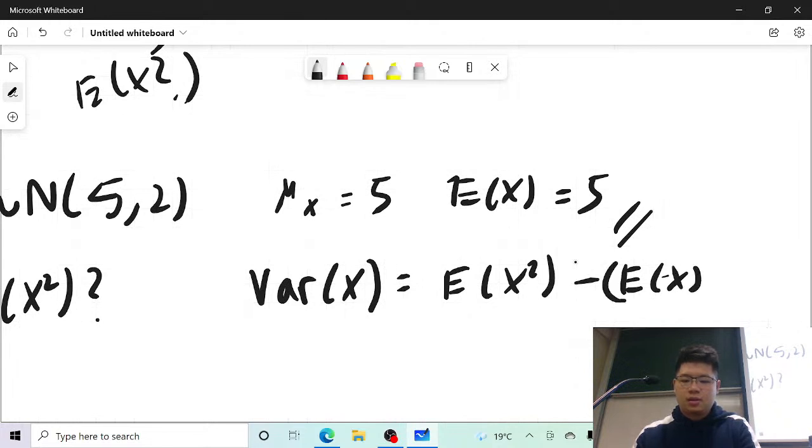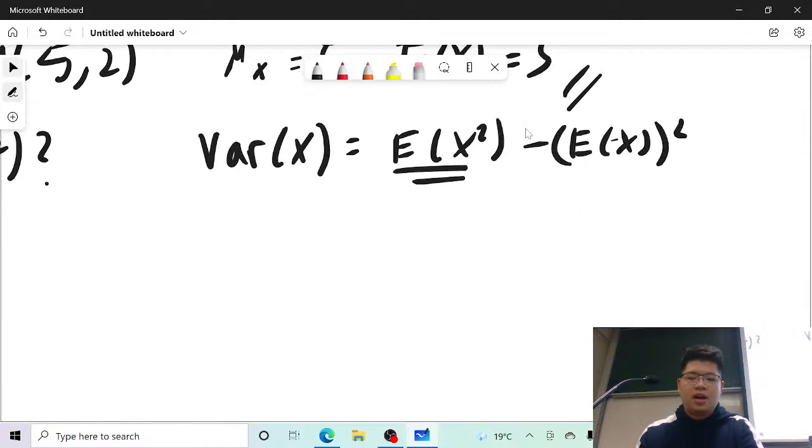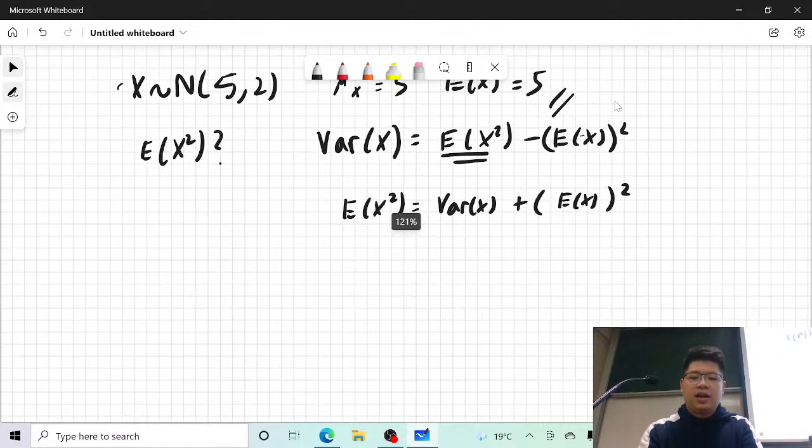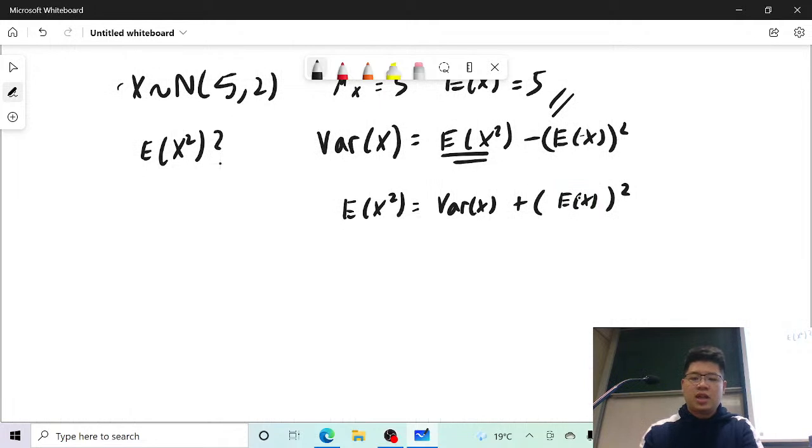E[x squared] is the term that we're trying to find, which means that our life can be made easy. You can just move everything to the other side. So it's the variance of x plus the square of the expectation of x. Does this step make sense? Because if you notice from our question and formulas, the variance of x is something that we can find, as well as E[x], which we already found. We just need to find the variance of x now.